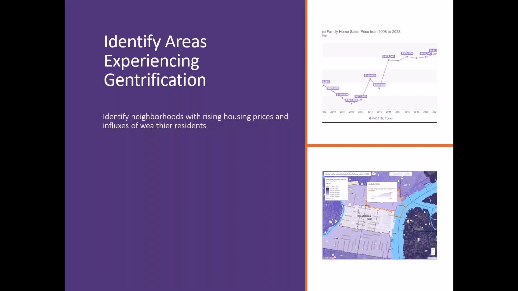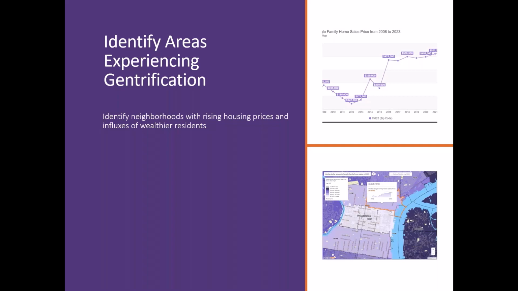I know that this map is rather small on the slide, but we can see areas of Philadelphia, or a particular zip code in Philadelphia, 19107, with a really high rise over 2006 through 2023 in the median value of single-family home sales.